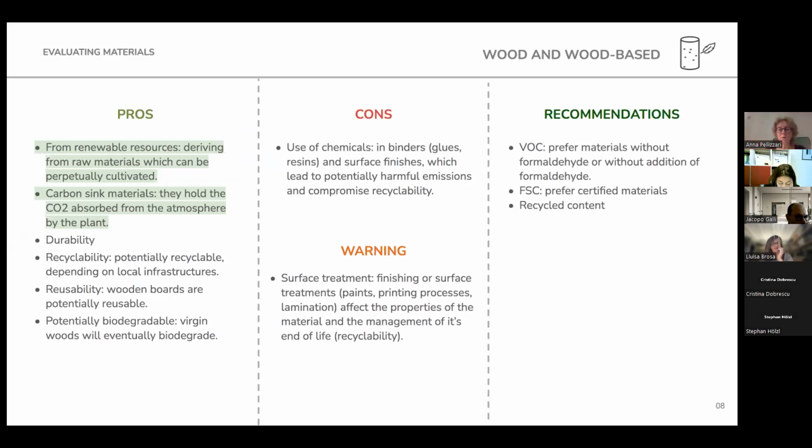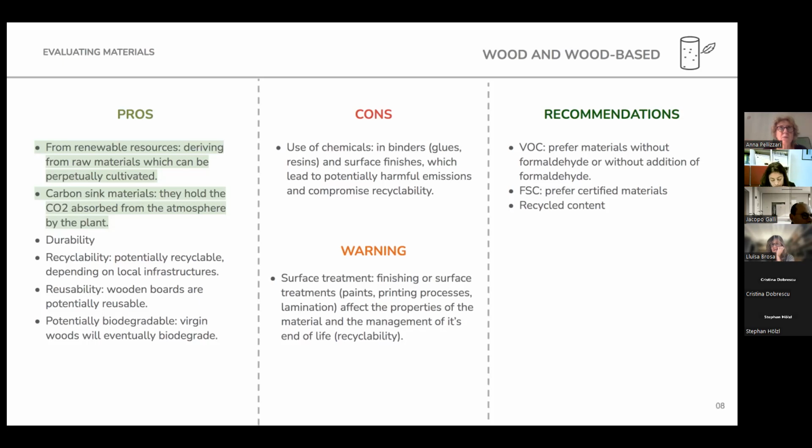I wouldn't go very in depth for each of these slides because that would be too long. I would just highlight for each of these families of materials what's more relevant. You will have these slides then, and you can clearly take a look at that.